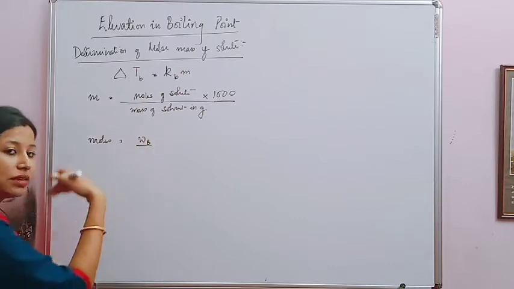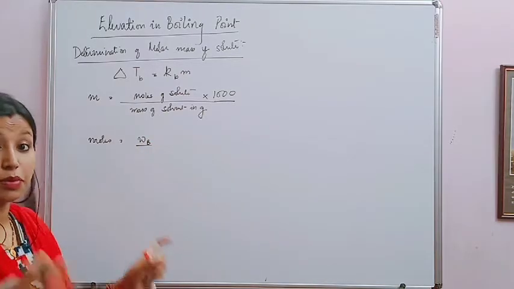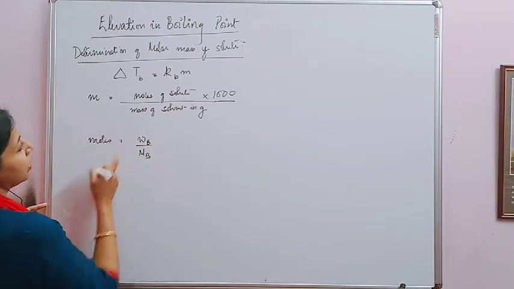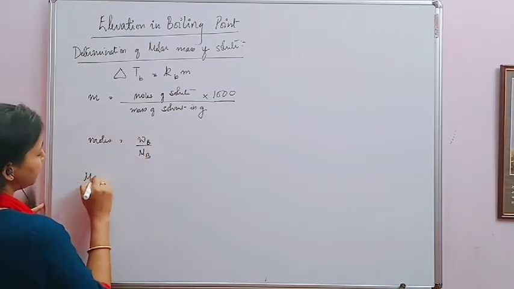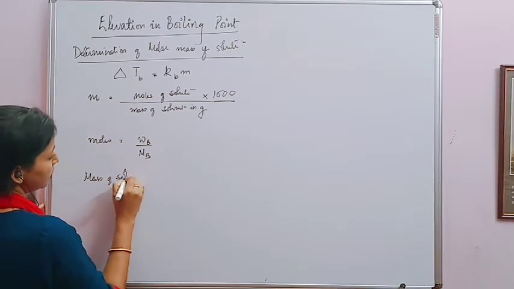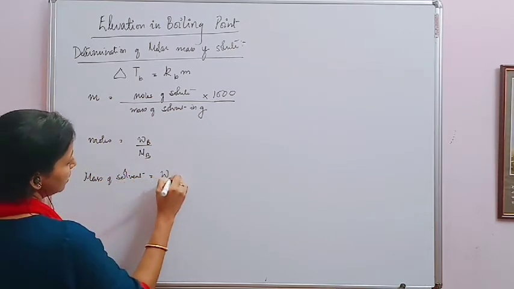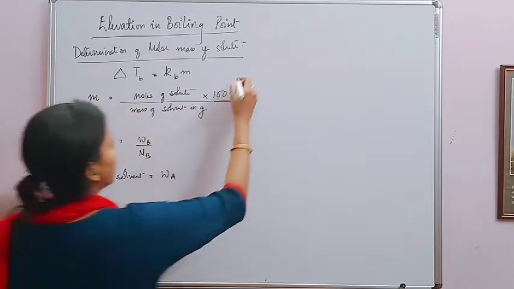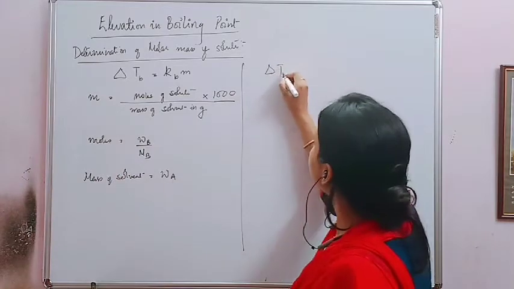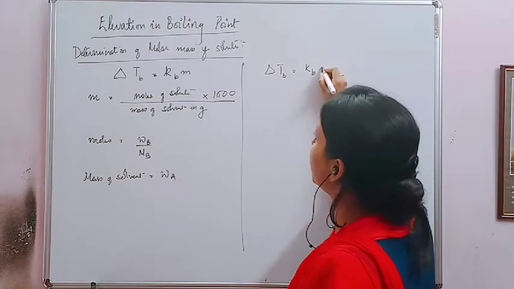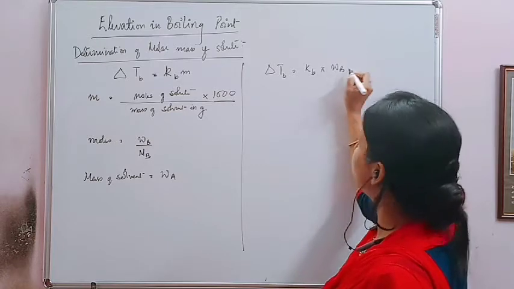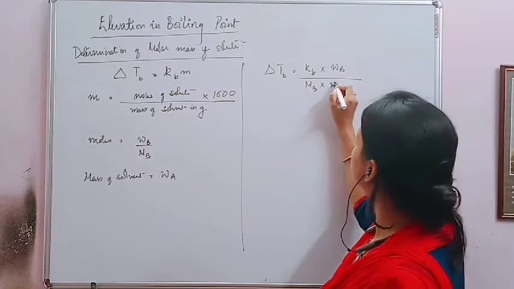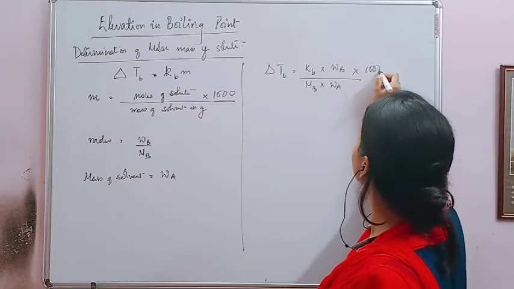This is what we have been choosing as our symbol, as our representation from before. So, given mass by molar mass. Now, mass of solvent will be Wa. Okay, so let's put this information here. So we have delta Tb is equal to Kb into Wb divided by Mb into Wa into 1000.